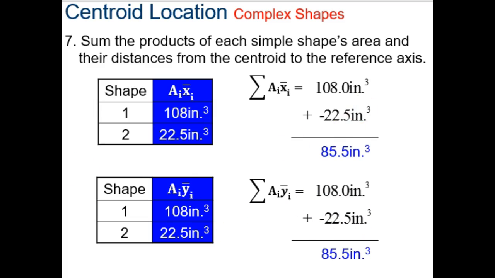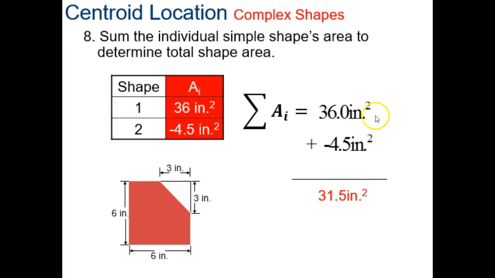From here on out, it's basically the same. We're going to take our areas and add them together, except remember, the giant area is 36 square inches. We've got to subtract out the area of that triangle that's no longer there, which gives us a sum of areas, which is 31.5, like we got when we did the additive method.